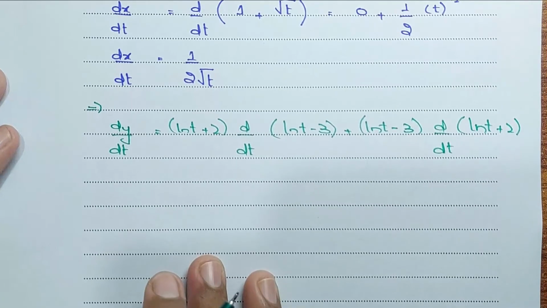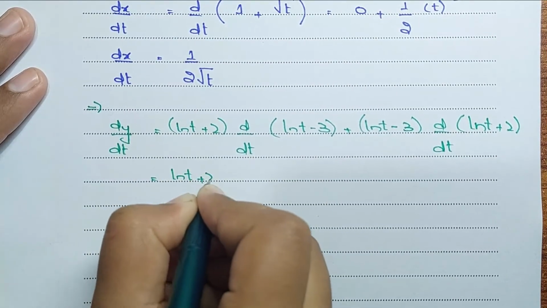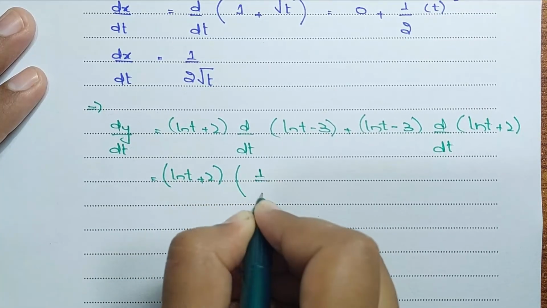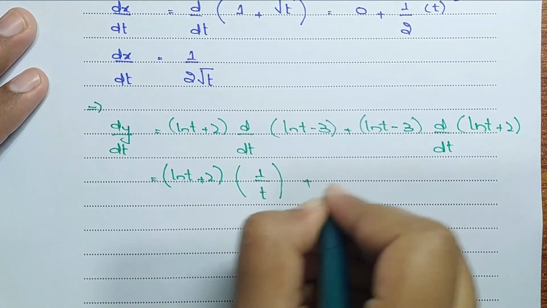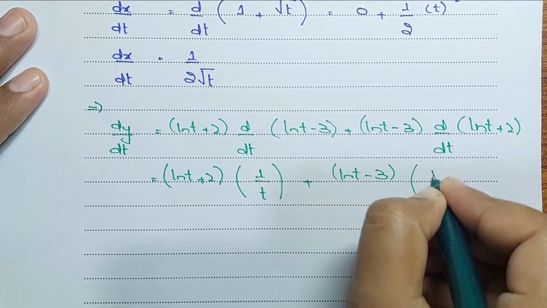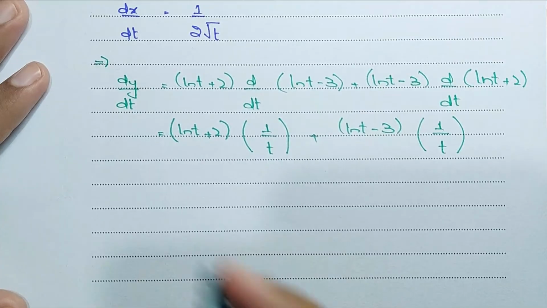Let me simplify this derivative. Okay, so this is ln of t plus 2, and this is going to be 1 over t, and the constant's derivative is 0, plus ln t minus 3, and this is again 1 over t. The ln t derivative is 1 over t and the derivative of 2 is a constant which is 0.